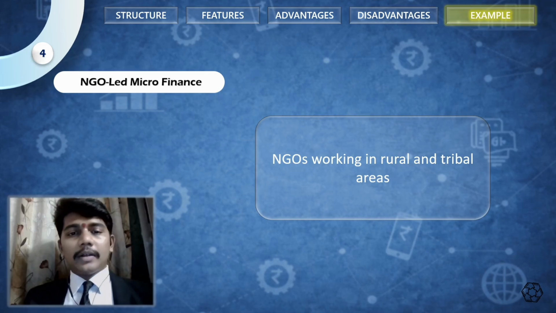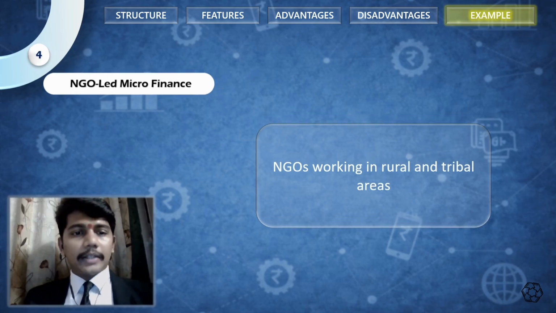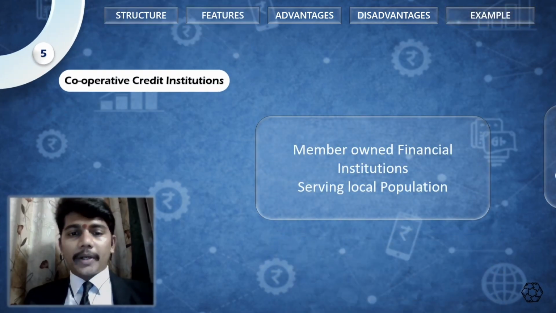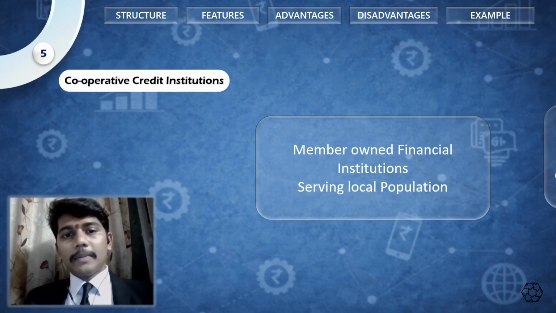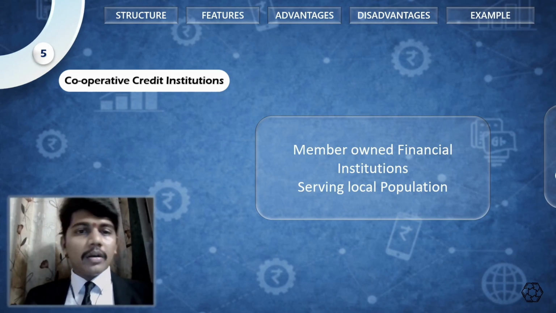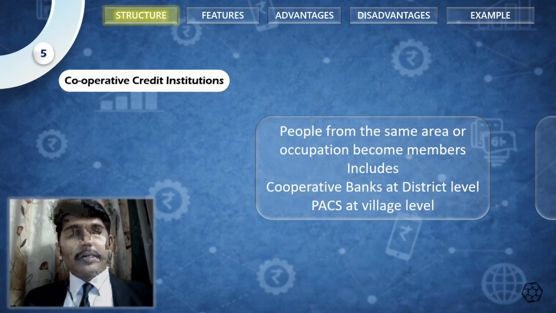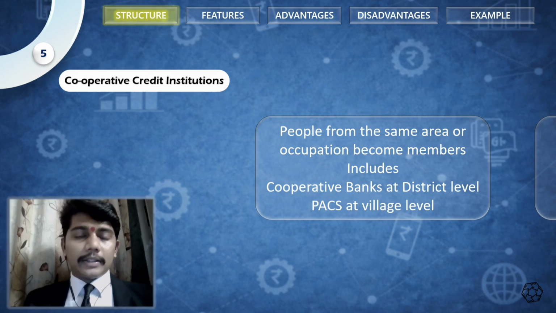Then comes the older one, the cooperative credit institutions. This is a member-owned institution where people pool money and lend to the members. So here borrowers are the owners. Members contribute capital, then the management is elected by them.